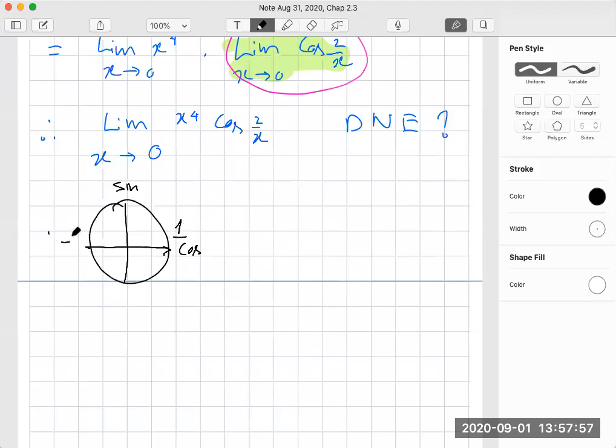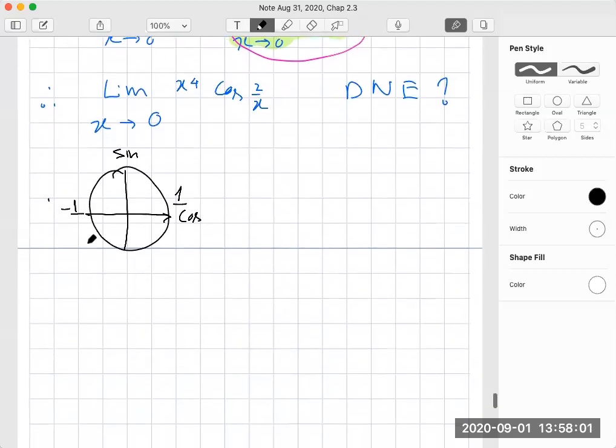The minimum value of a cosine function is -1. So we know that for any x, cosine of x should always be between these two numbers. That is a property of trig functions.